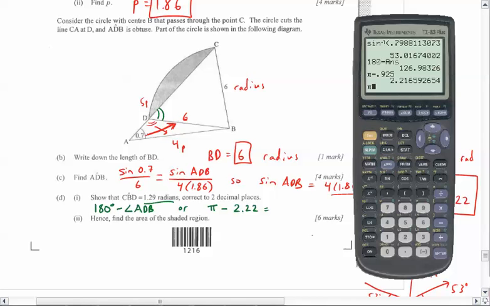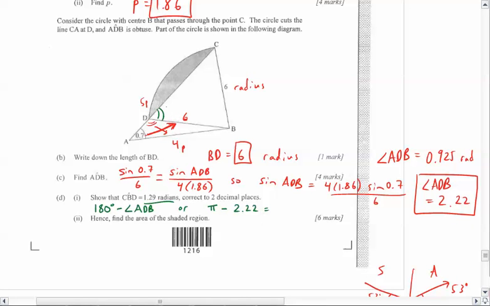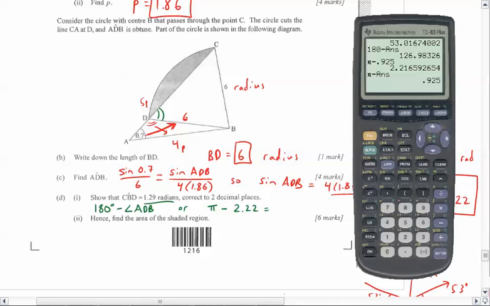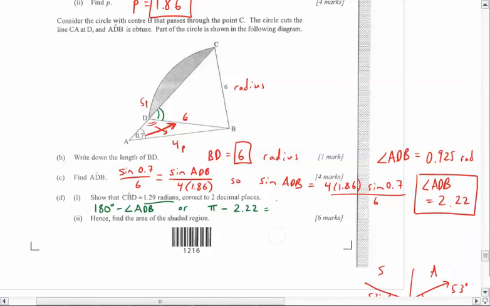Pi minus 2.22 is 0.925. So that's not 1.29. CBD. Oh, wrong angle. Sorry, angle CBD is actually this angle here.